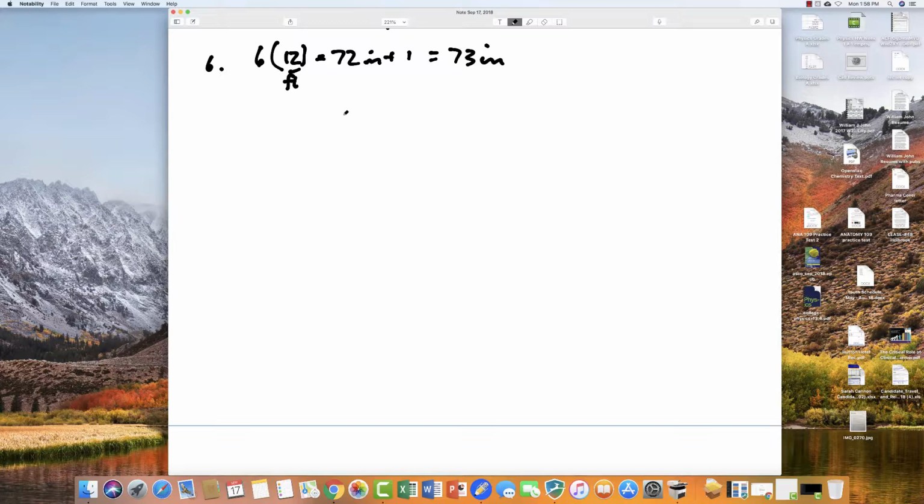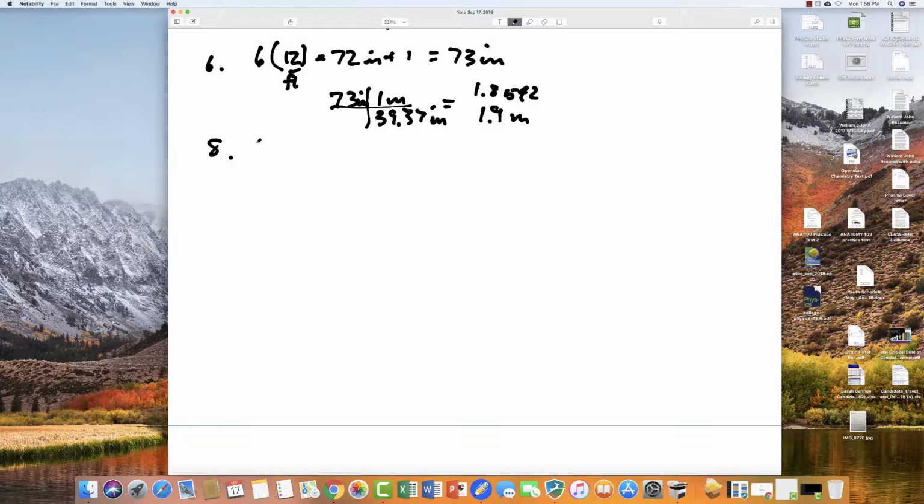You take that 73 inches, and 1 meter is 39.37 inches. If you do the math here, you get 1.8542, which, because this is 2 significant figures, you need to say 1.9 meters. So that's number 6.